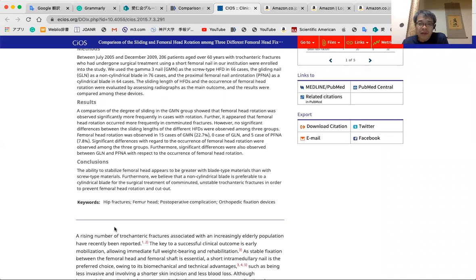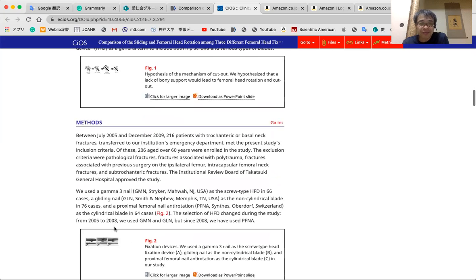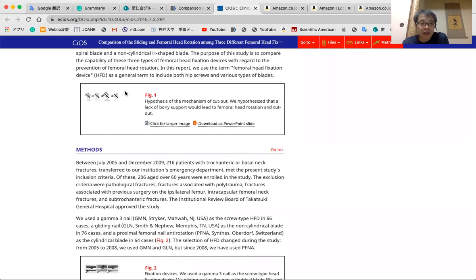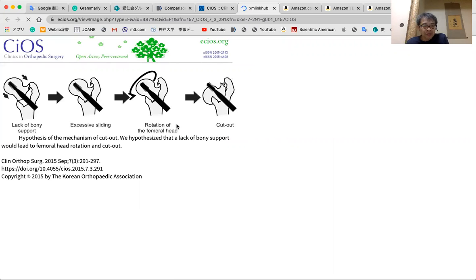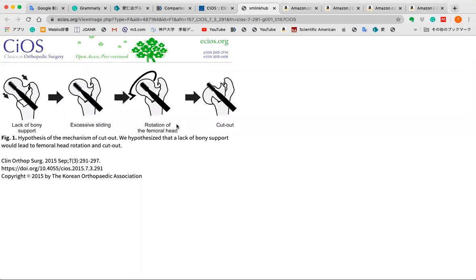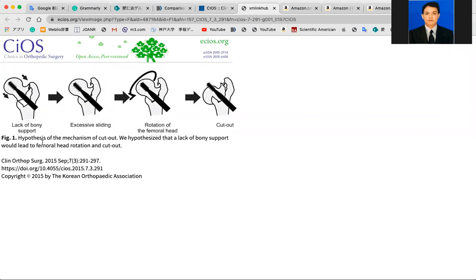We are focused on femoral head rotation, because that can cause a subsequent cut out like this. Maybe you have already seen this figure.